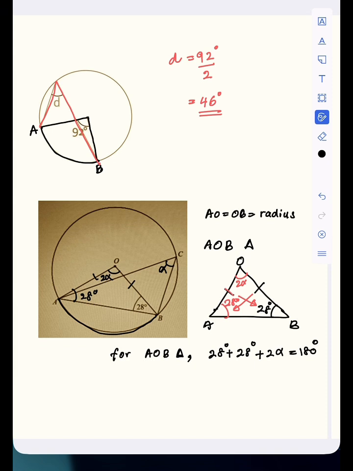This is 56 plus 2 alpha equals 180. 2 alpha equals 180 minus 56, which should be 124.